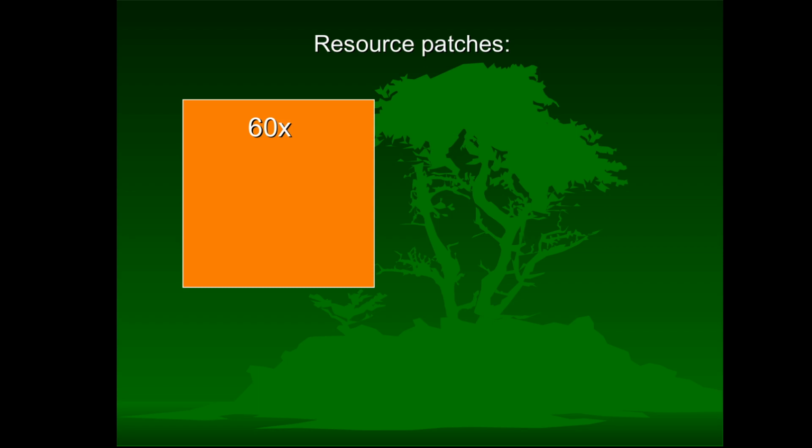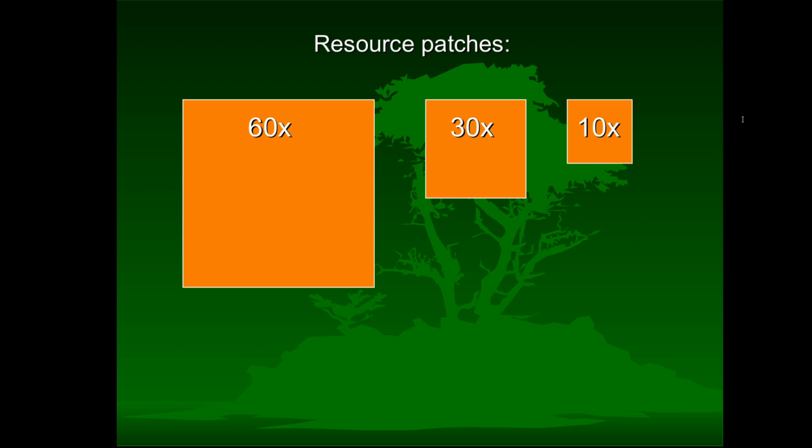So let's say in some area we have 3 patches, and these 3 patches have different levels of resource, say 60, 30, and 10 units. And let's assume that each individual occupies the patch that maximizes that individual's fitness. How does it maximize its fitness?